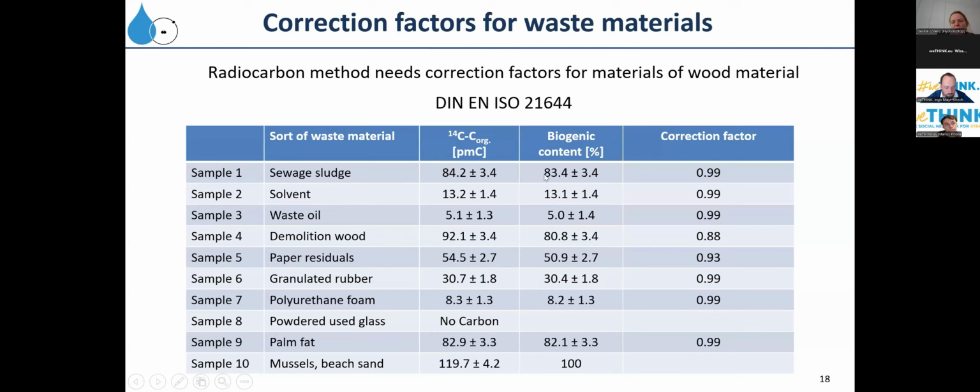Then you see that it is about 1% less. This is the same for other materials which have no special correction factors. But if I go for demolition wood, you see that there is a very relevant decrease of the original measurement of 92.1 to 80.8%.